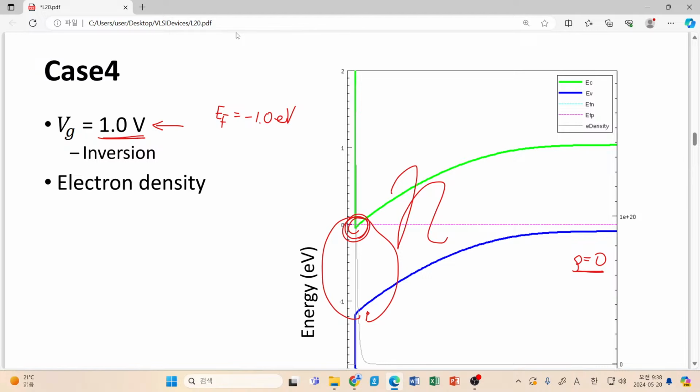So in this bias condition, you can expect that there are a lot of electrons. Once again, think about your MOS system. Now you apply sufficiently high voltage to your gate, so you expect positive charge collected at your gate part and negative charge collected at your silicon part.